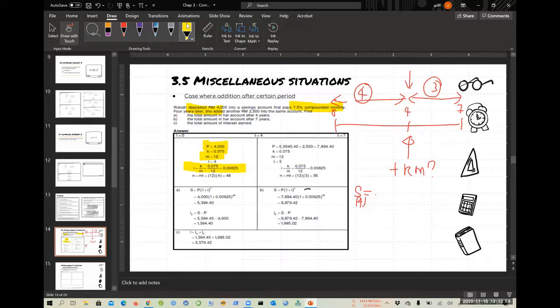So in this situation, you have two values of N because you have two options here. So one is for the initial saving only, and then after the additional values added to the account. So the first one is 4 years. So that means you have N equal to MT, 12 times 4, you get 48.